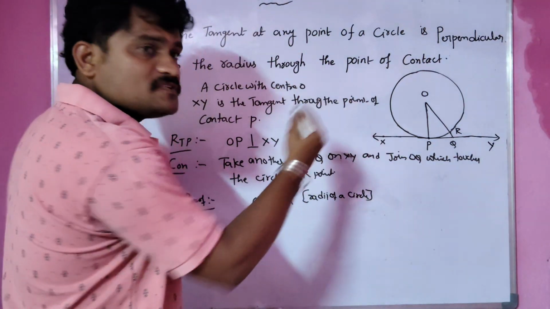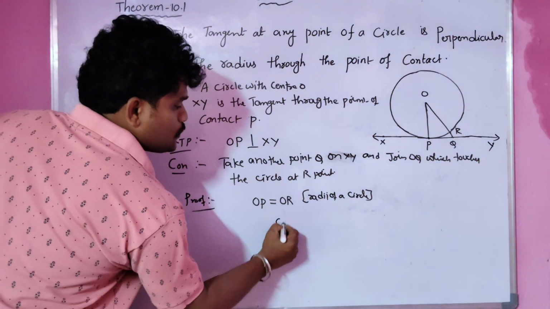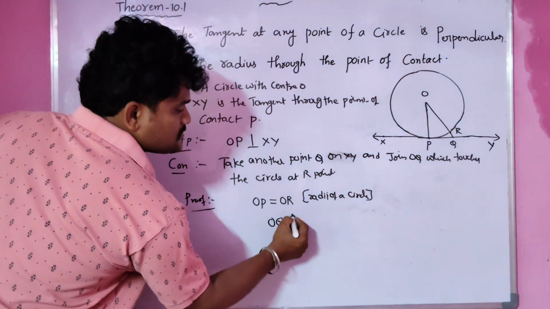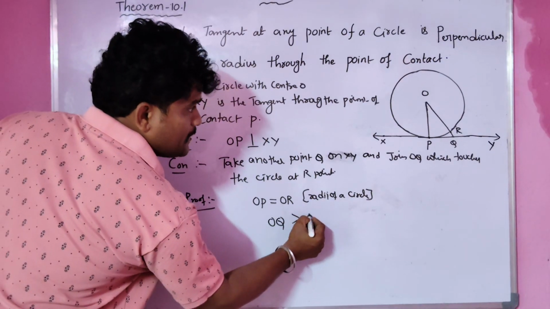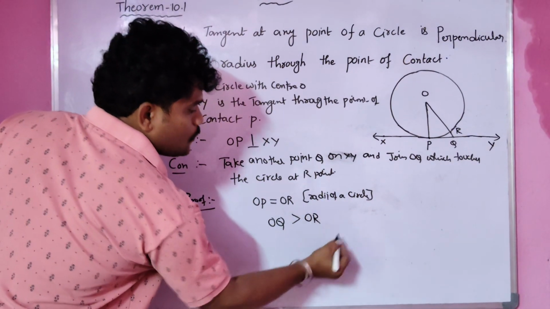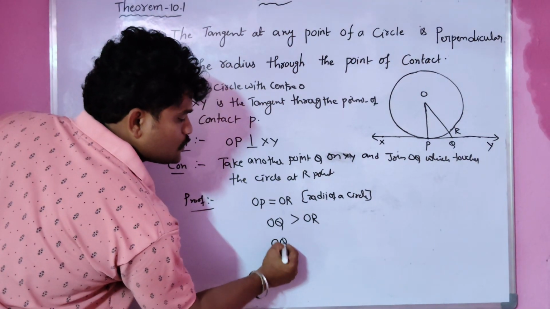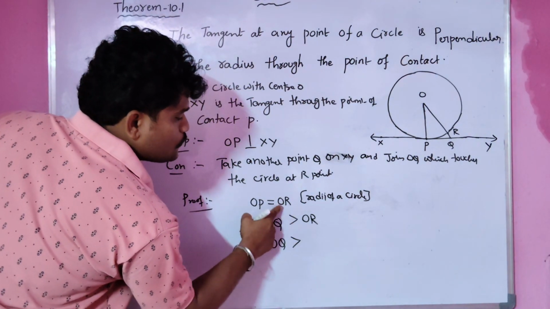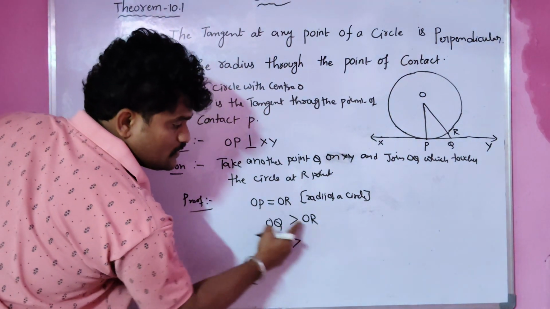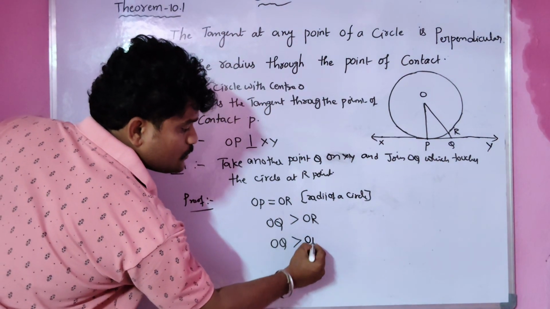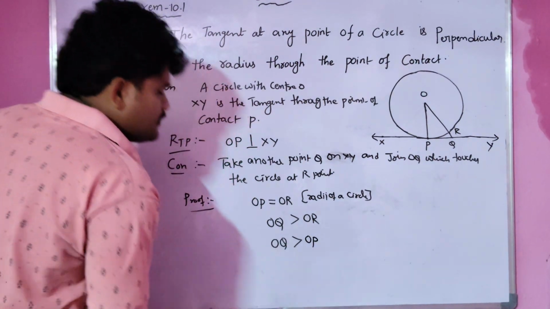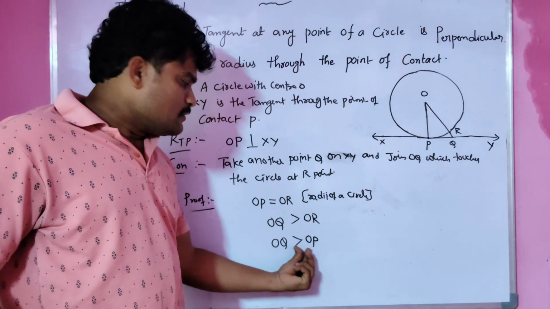Here OQ is the total, and this is always greater than the part OR. OQ is greater than OR. Now I'll write OQ is greater than OR, which is equal to OP. Instead of OR, I will write OP. Then I get OQ is greater than OP.